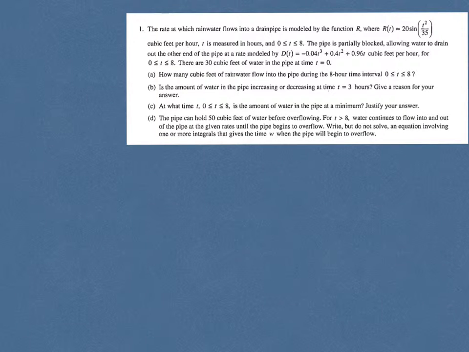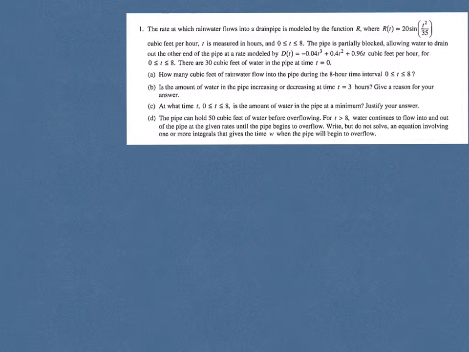So that's really what you have to keep in mind here. The first question: how many cubic feet of water flow into the pipe in the 8-hour time interval? That's pretty self-explanatory.